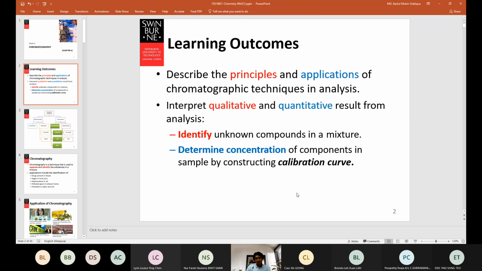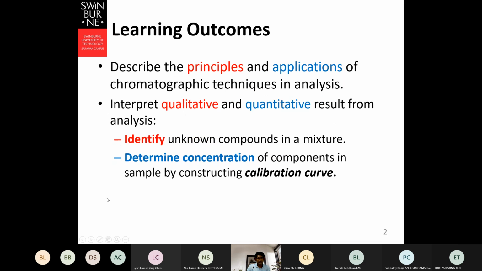So our learning objectives today are the principles, how this chromatography works, and the application, of course, that is more tied towards the applied scope.